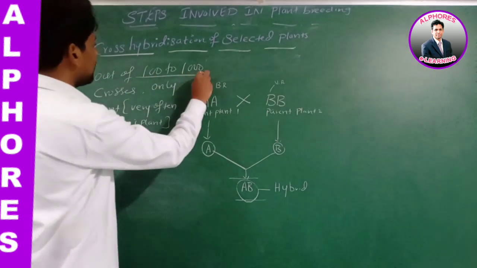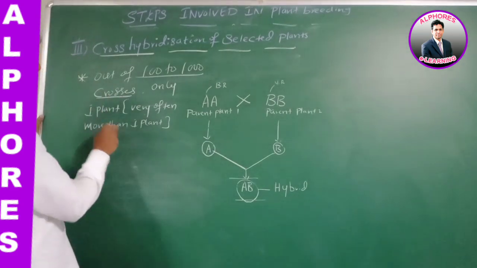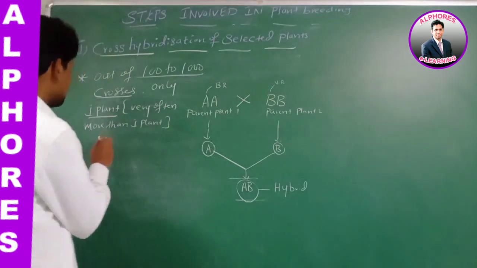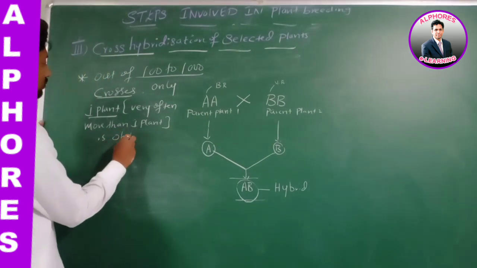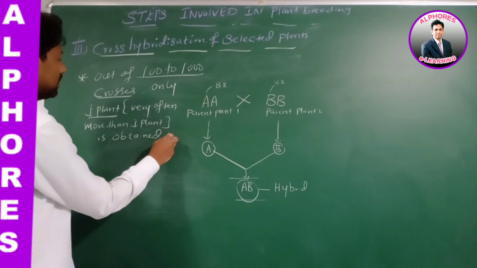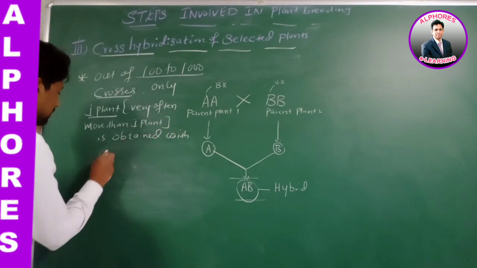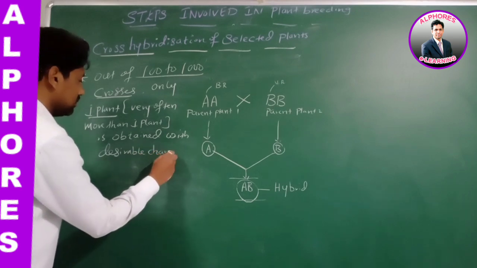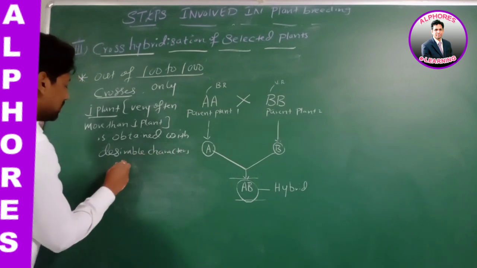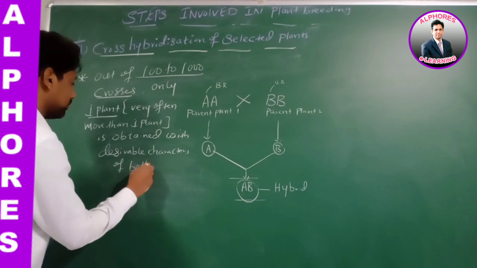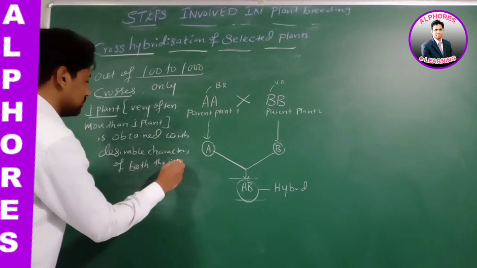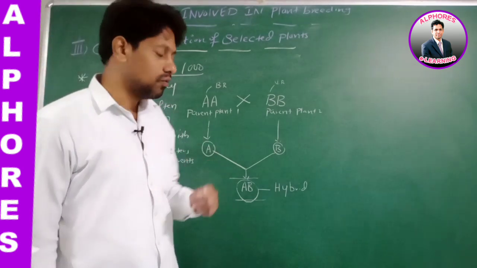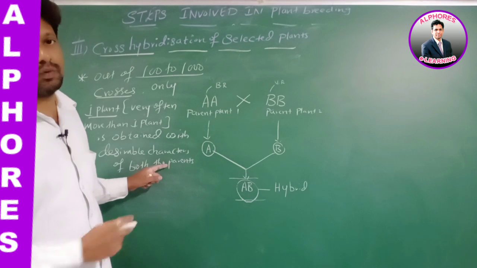Out of 100 to 1000 crosses, how many plants? One plant. Very often more than one plant is obtained with what? With desirable characters of both the parents.